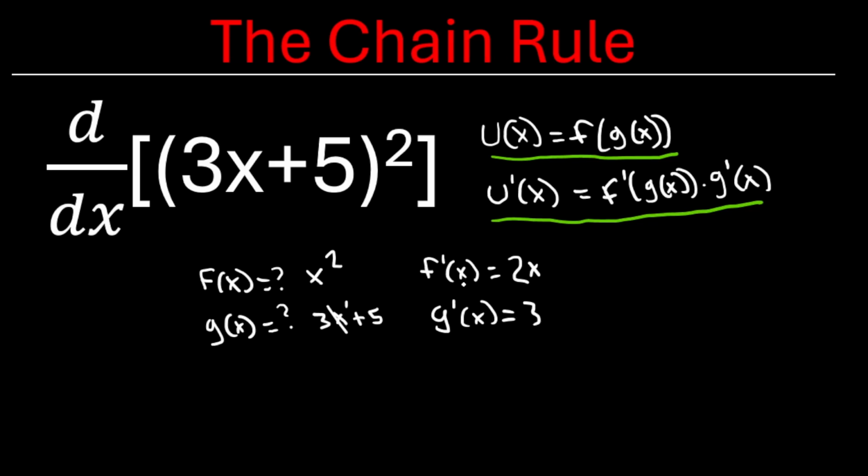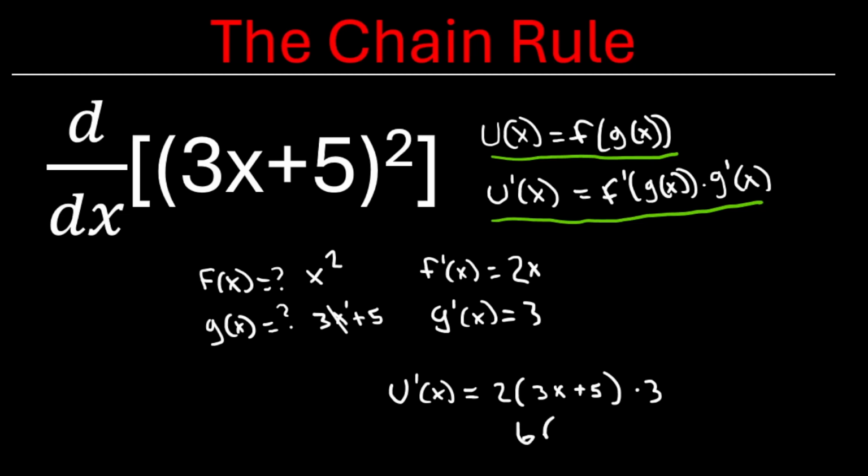So now we've got everything we need to find the overall derivative. So u prime of x is f prime, which is 2x. Substitute g of x in for x, which is 3x plus 5, all times g prime of x, which is 3.